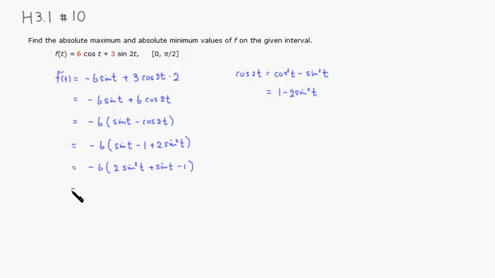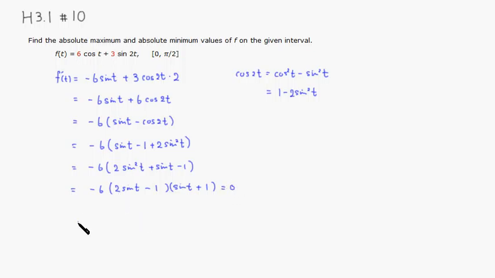We can factor this: 2 sine of t and sine of t, and we'll put plus 1 here and minus 1 here. That way negative 1 times 1 is negative 1, 2 times 1 is 2, and negative 1 times 1 is negative 1, so 2 plus negative 1 is positive 1. That works out. I'm going to go ahead and set that equal to 0.